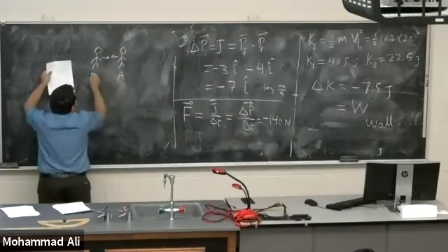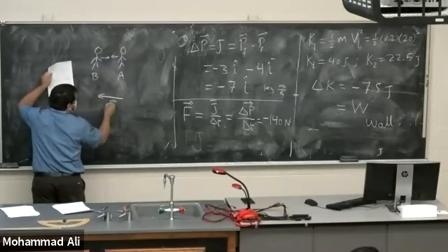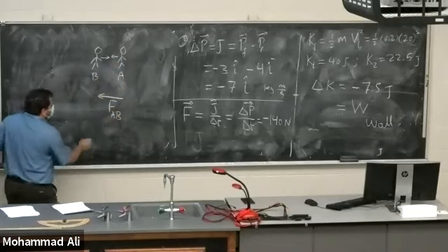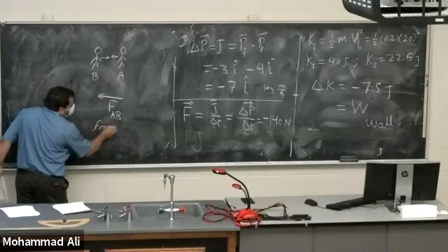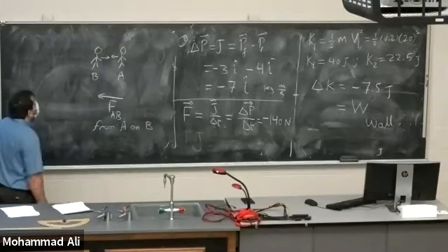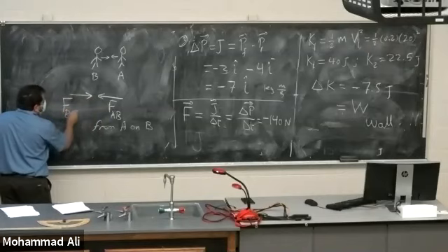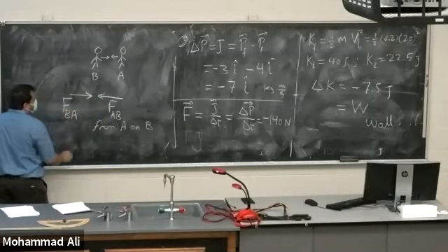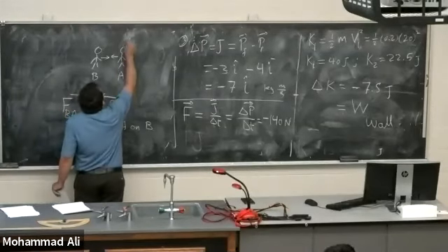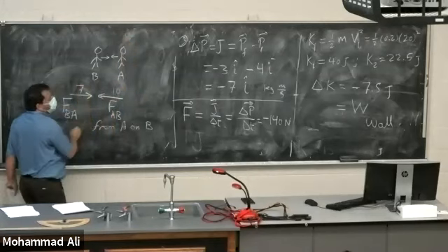This is A, this is B. We have a force from A on B. We have another force like this from B on A. Assume this force is 10 and this force is 7.